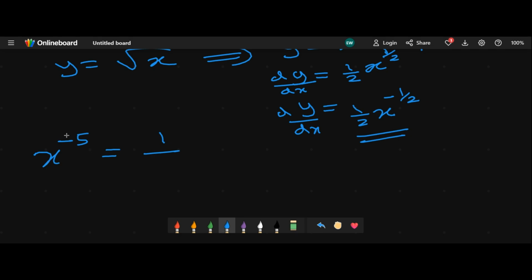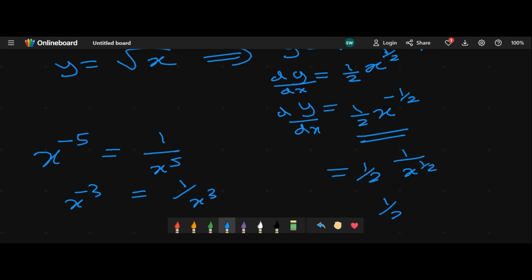It means 1 over x to the power 5. For x to the power minus 3, it means 1 over x to the power 3. So you see here, x to the power minus half means 1 over x to the power half.